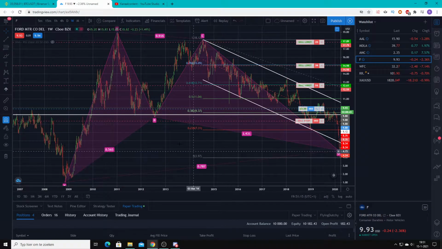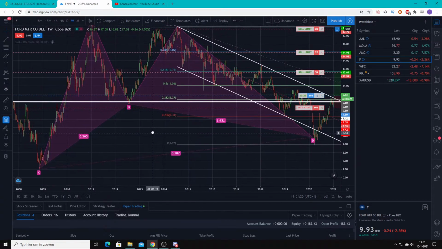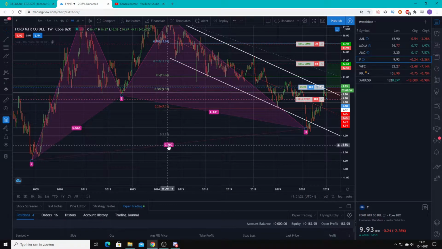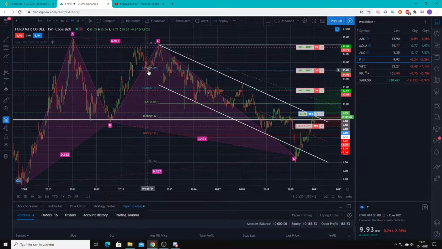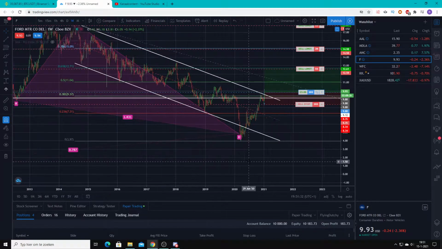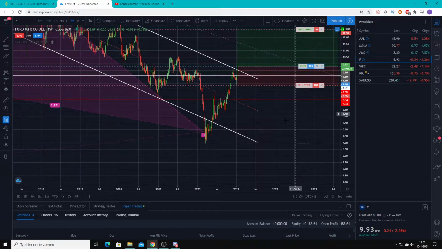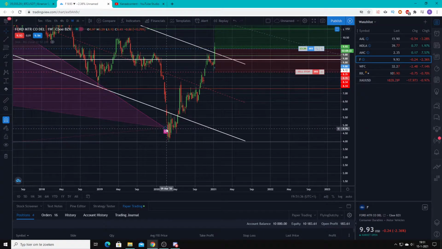Normally, when you have this pattern, the Gartley, the price reverses at the 0.786 line. You can also see 0.786 on the Fibonacci levels over here. That's a Fibonacci number, and that would have been over here at D. So it went a little bit lower.